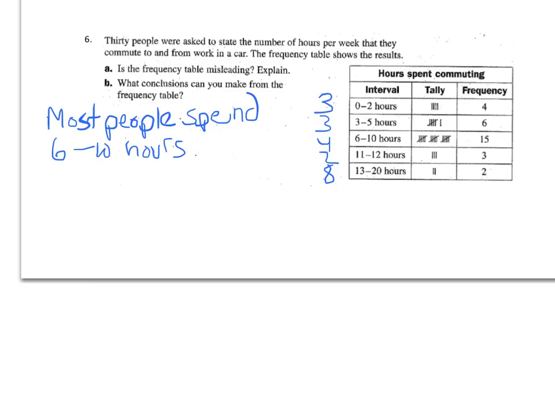And you could say over 80% spend 10 hours or less. I mean, there's a lot of different things, but those are things you could say. We couldn't say that the majority spend 6 to 10 over everything, or you can't specifically say it's 6 hours, 7 hours, 8 hours, 9 hours, or 10. You can just say 6 to 10, okay?